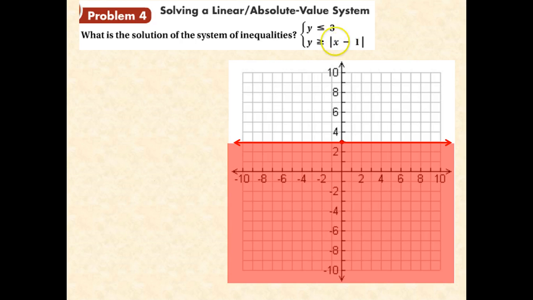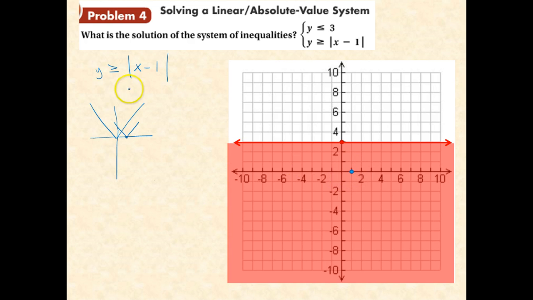And what about this guy? We got one of these absolute value deals over here. y is greater than or equal to the absolute value of x minus 1. Well, the absolute value of x minus 1 is just a translation of the absolute value function, which looks like this, going through the origin. And a minus 1 in here is a movement to the right of 1 unit, so my new vertex will be at (1, 0).